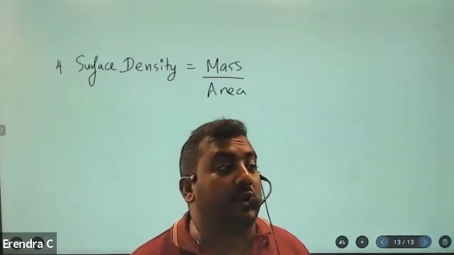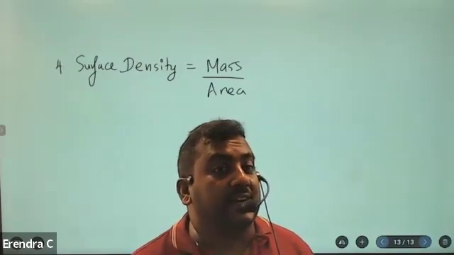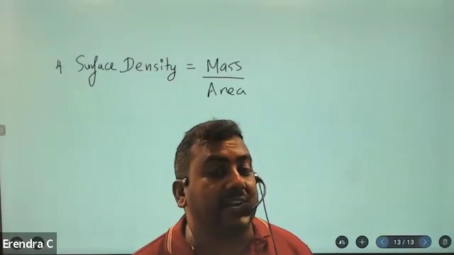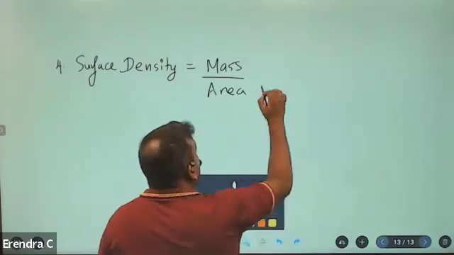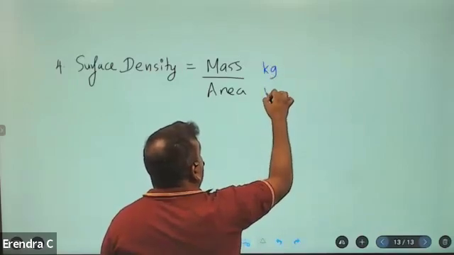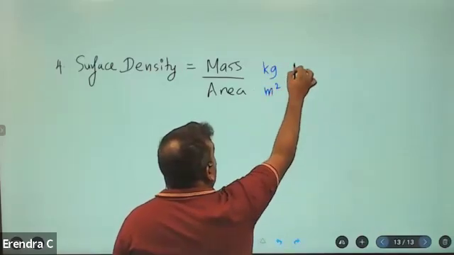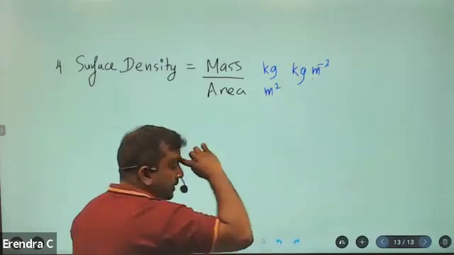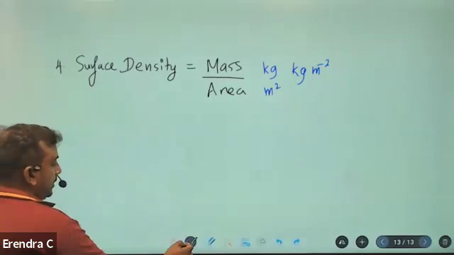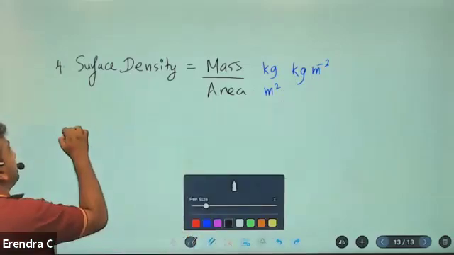Surface density is what quantity? Derived quantity. Here you go. Mass is measured in kilogram, area in meter squared. Take on top kg m minus 2. And you're wondering, sir, where is the density we learned?